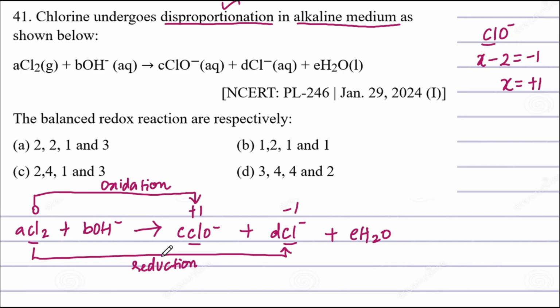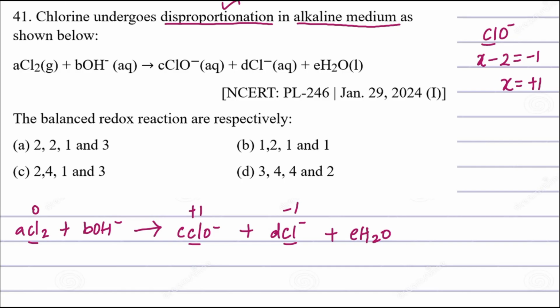If you see the number of chlorine atoms, already they are balanced. 2 chlorine atoms are present in the reactant side, and 1 chlorine atom in ClO- and 1 chlorine atom in Cl-. So the coefficient for Cl2, ClO- and Cl- is 1. Now we can balance the remaining, that is oxygen and hydrogen atoms.